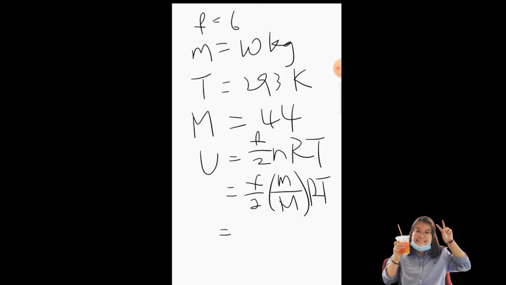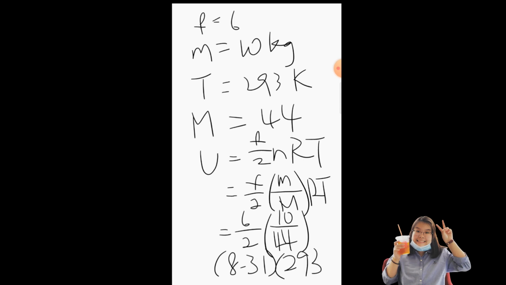Then F is equal to 6 over 2, m is equal to 10, molar mass is equal to 44, R is equal to 8.31, T is equal to 293 Kelvin.